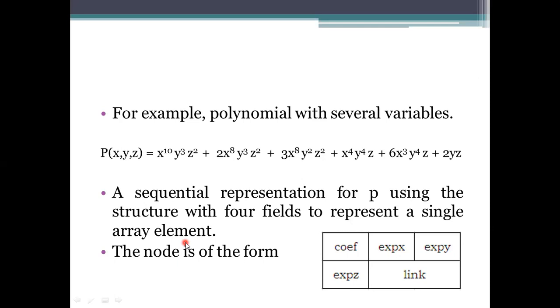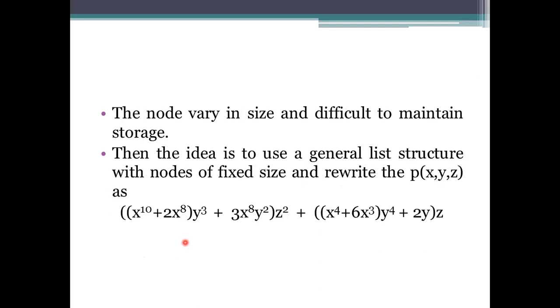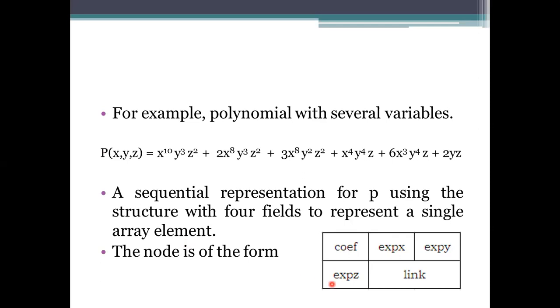Each polynomial term will consist of a node, in the form of a coefficient and the exponents for however many variables there are. Here you have 3 variables, so they are provided as exponent x, exponent y, and exponent z, and a link, meaning if any other term is there, we provide a link for processing. So here we are using 3 variables only.